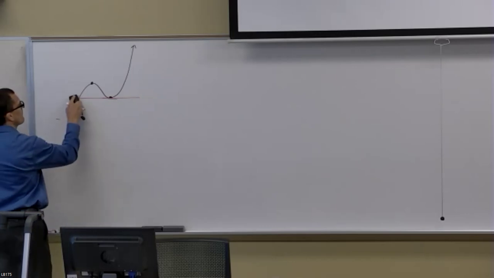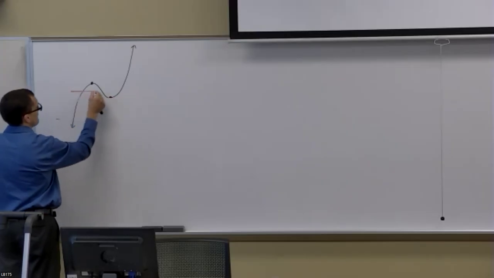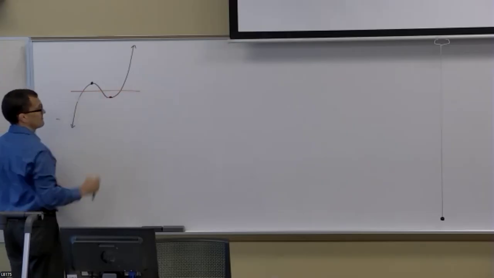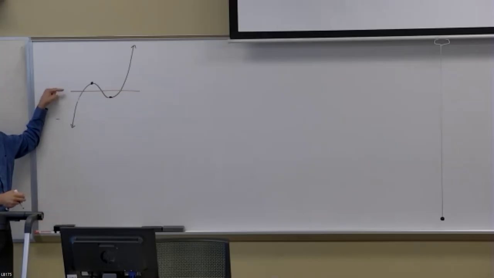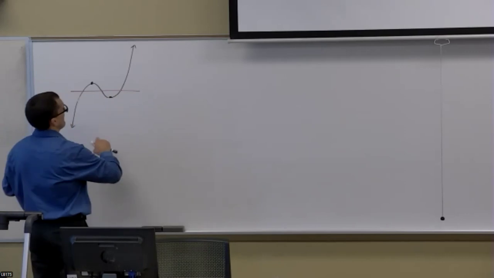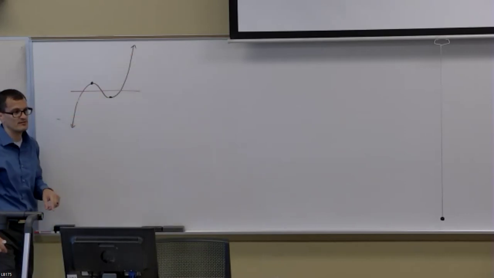Or it could cross the x-axis, if the x-axis is right there, at 3 different spots. But that's the maximum. If you have 2 turning points, then it can cross at most at 3 spots. And maybe it hits it at 2, maybe at 1. This one actually can't do 0 because of the end behavior: one side goes to positive infinity and one side goes to negative infinity.